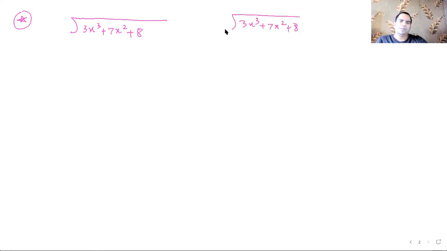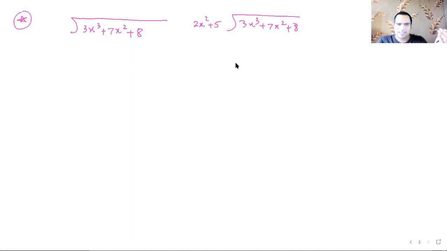Now our next example is, let us say, 3x cubed plus 7x squared plus 8, and I don't have any x term. I'm dividing 3x cubed plus 7x squared plus 8 by, let's say, 2x squared plus 5 as my divisor. How do I carry on with this process?